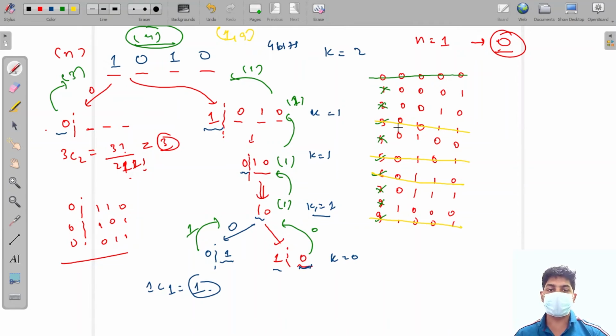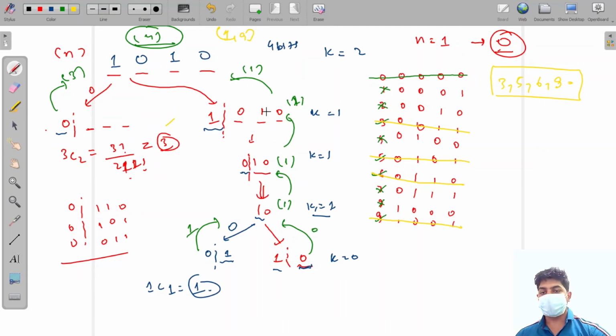So there are four numbers, and those numbers are 3, 5, 6 and 9. These are the four numbers which have the same set bits as 10, and they are also less than 10. So this is how we are going to solve this particular problem using this recursive approach.